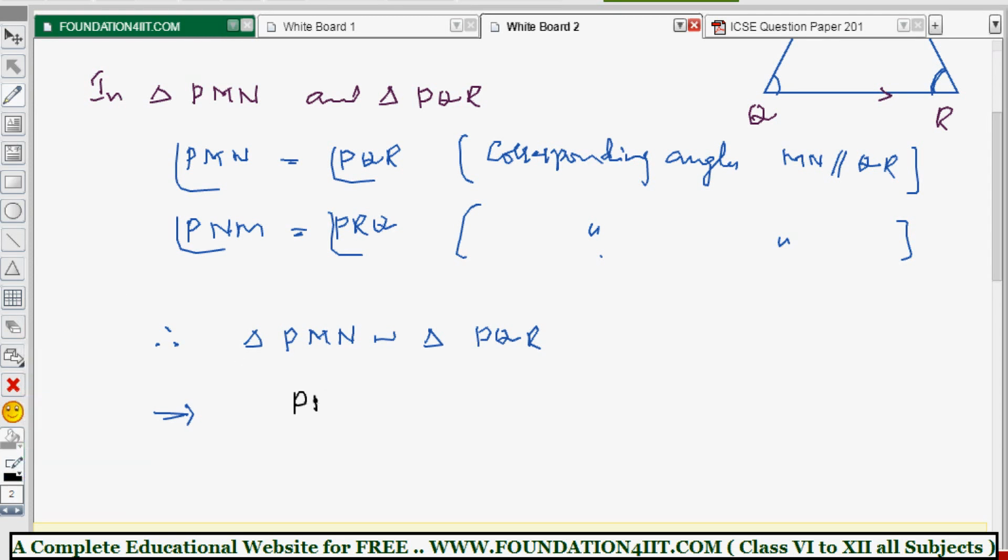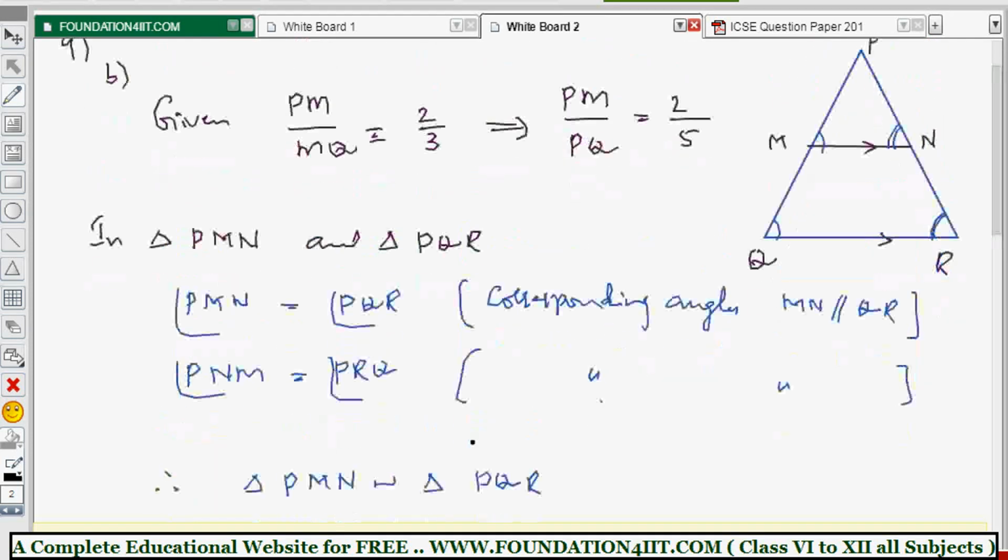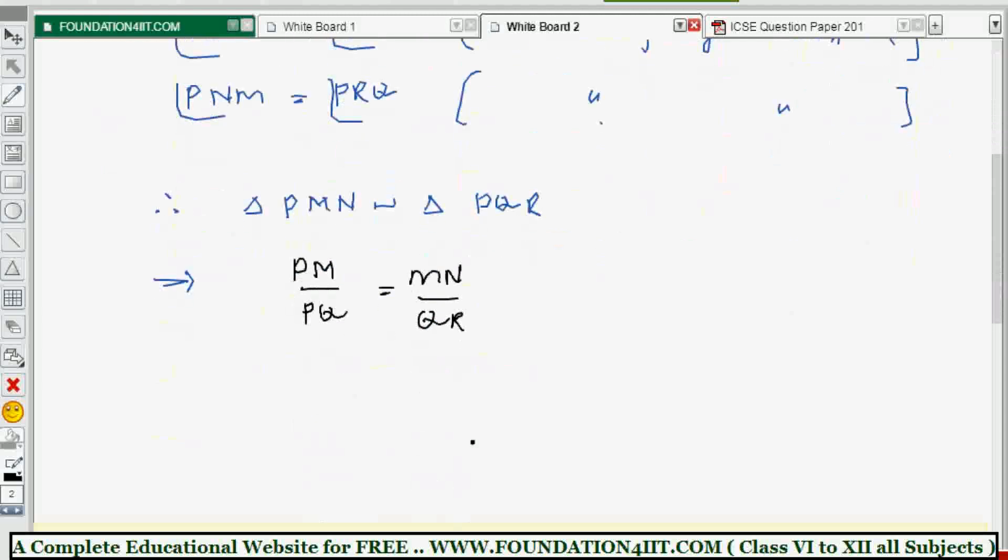So based on that, PM by PQ is equal to MN by QR, that is equal to 2 by 5. Therefore, the first answer is MN by QR is equal to 2 by 5.